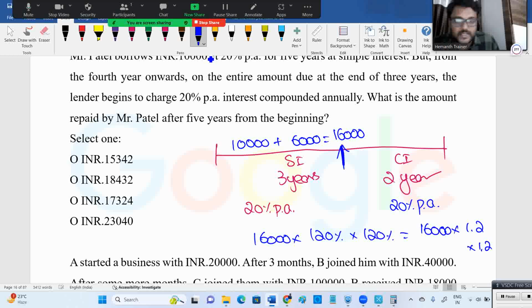We'll get 160 into 144. So a 0, 1 zero required. The answer has to end with 4. 4 into 6 is 24. So this option satisfies. Yeah, definitely I think this option is satisfied. It's again a typical question.